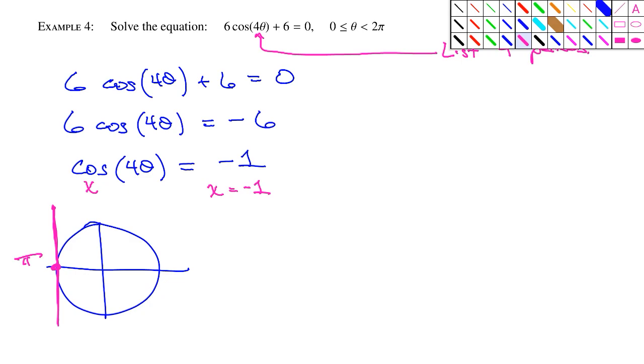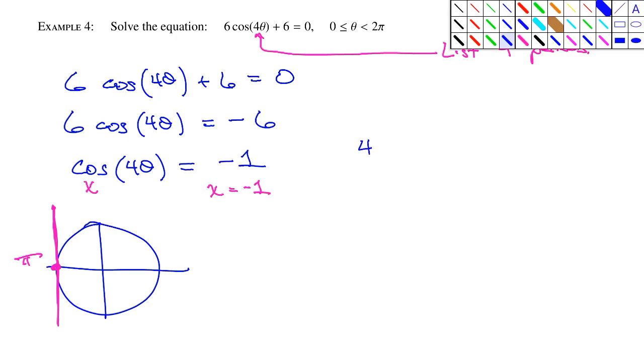So there's only one point on the unit circle for this one. There were 2 points on the circle for the previous one, and we had 3 periods. 2 times 3 was 6 answers. In this case, there's only 1 point. We need 4 periods, so there'll only be 4 answers.